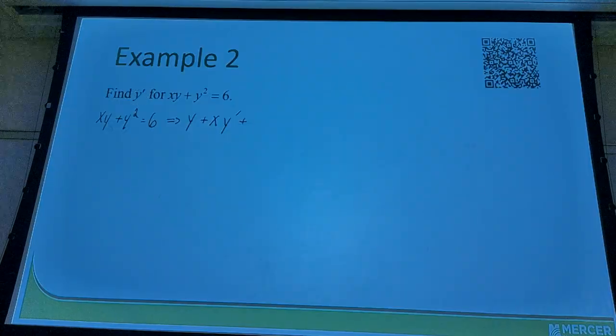Y squared, what kind of function? Power. Oh, look, we actually already saw that, right? You're not going to get this one. What's the derivative of 6? So difficult. Solve for y prime.